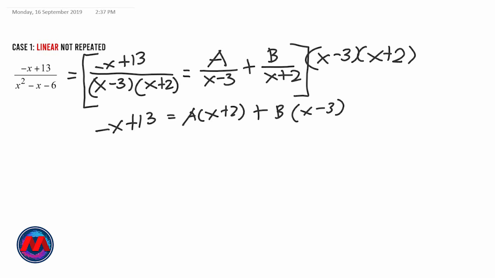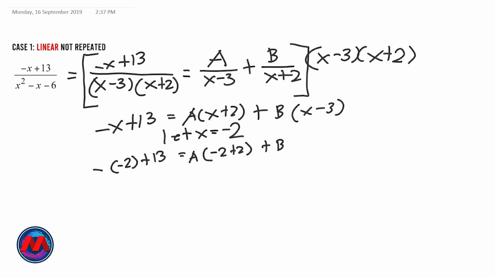So, to find a and to find b, pwede tayo mag-substitute ng values ng x na kapag isa-substitute natin dito, magzi-zero yung a. So, we will let x be equal to negative 2. So, when x is negative 2, let's substitute. That's negative times negative 2 plus 13 would be equal to a times negative 2 plus 2 plus b times negative 2 minus 3.